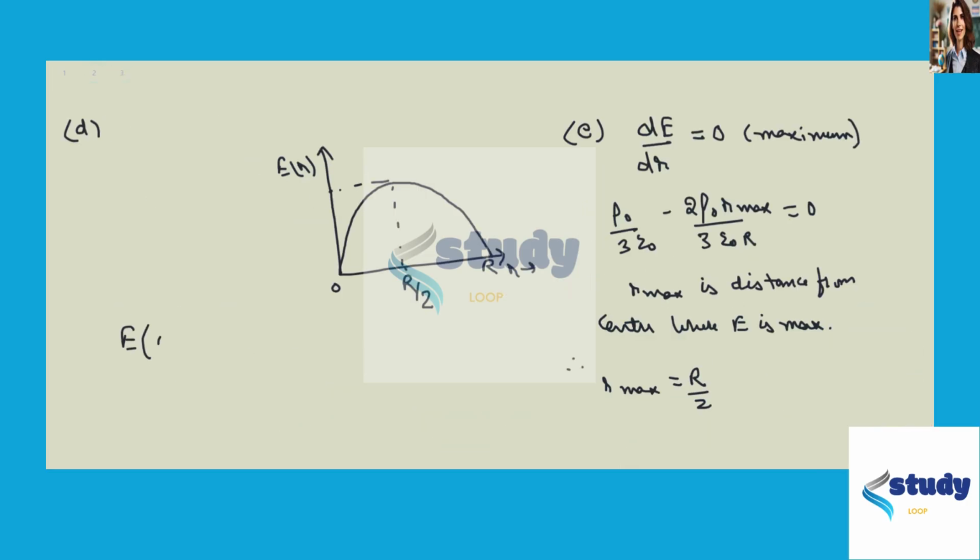So E at R over 2 equals rho naught over 3 epsilon naught times R over 2 times 1 minus 1 by 2. This gives us rho naught capital R over 12 epsilon naught, which is the maximum value. So that's your answer for this question. Thank you for watching the video.